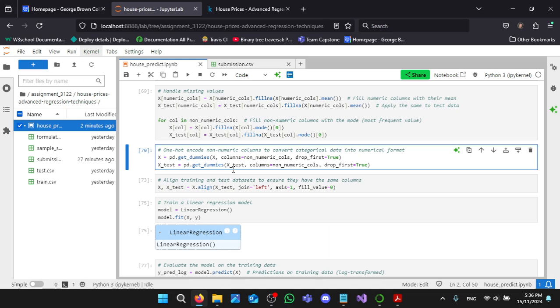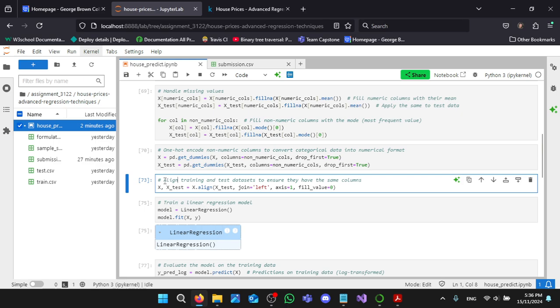Non-numerical data, such as strings or categories, cannot be directly processed by the model. So that's why I have to convert it. I have also aligned the training and test sets to ensure they have the same columns, because this is easier for future prediction.